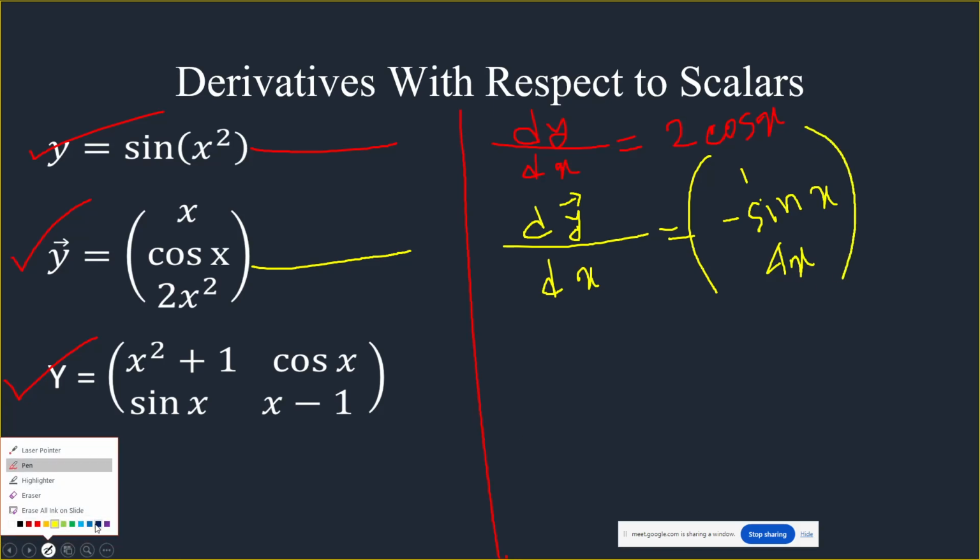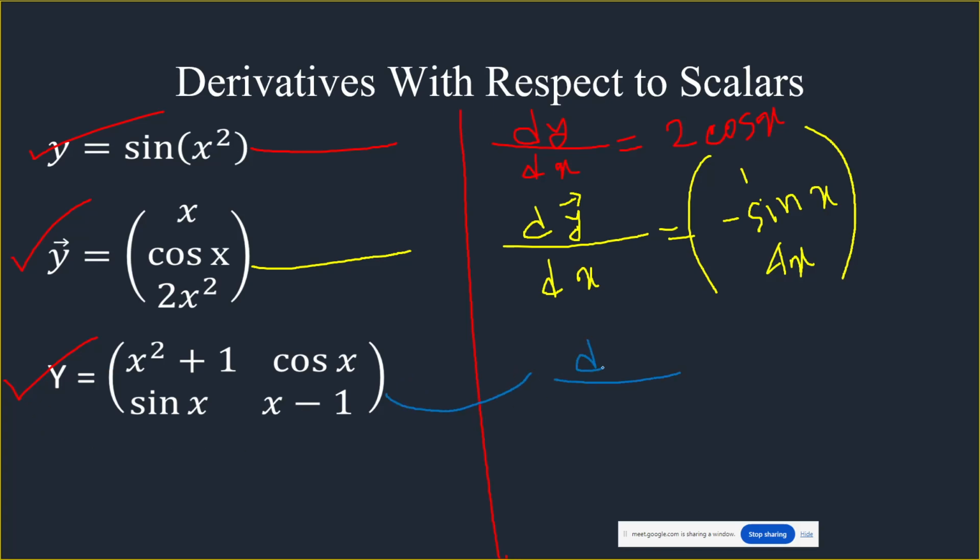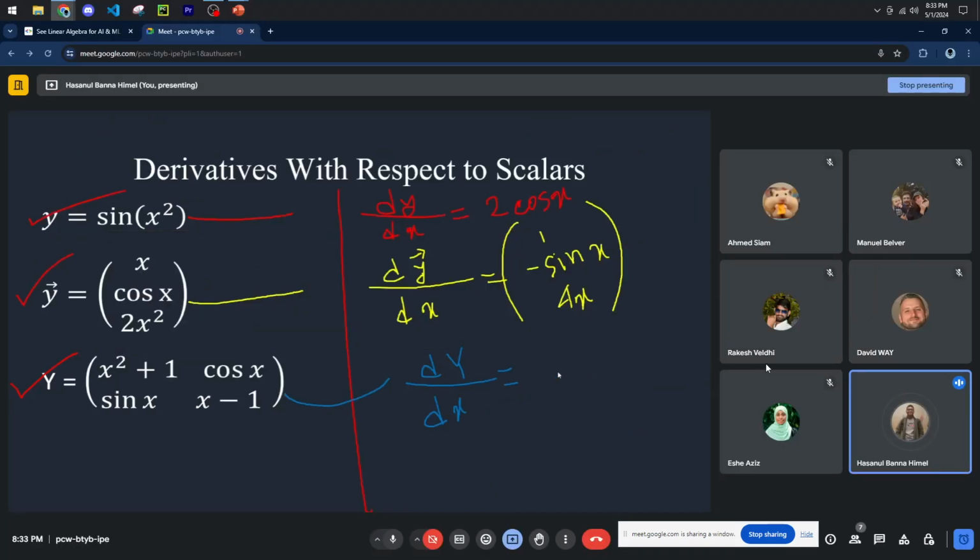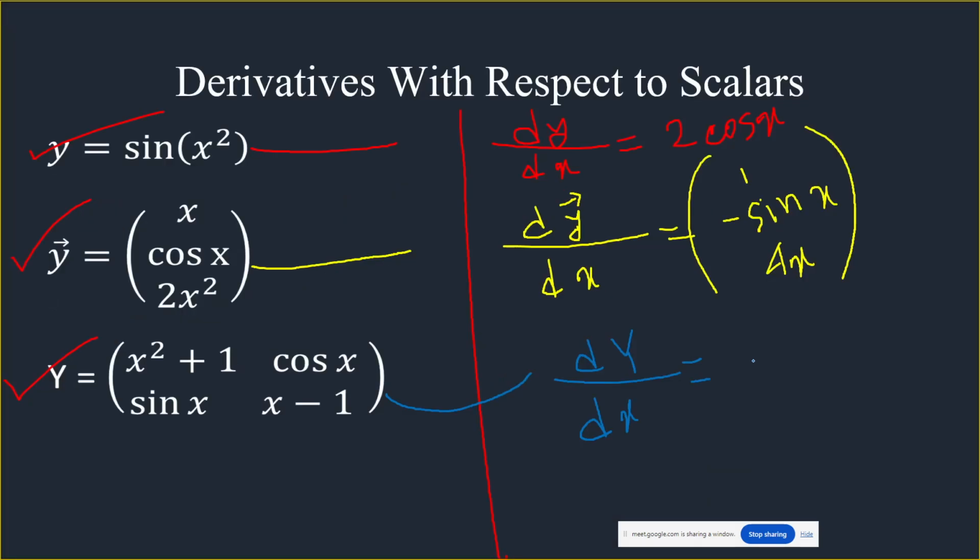And finally, when we do it with the matrix, dy/dx with respect to x, we do it the simple way, as we all know the rules of differentiation. The derivative of 2x is 2, and as the constant it will be 0, and the second element cos x becomes negative sine x.